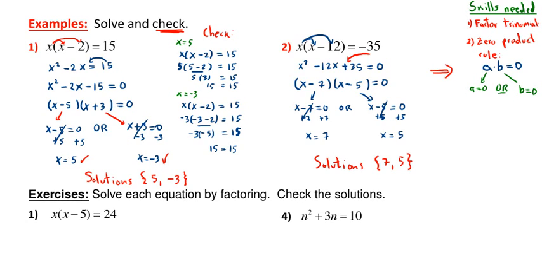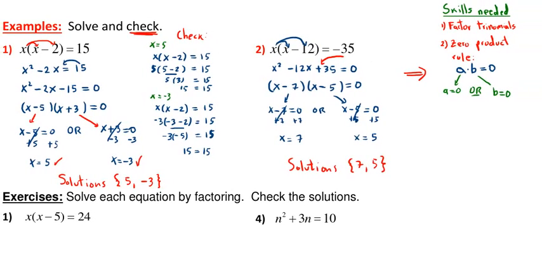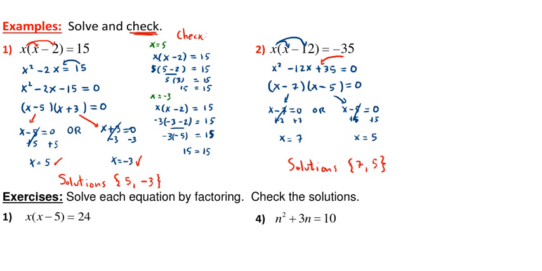I'm not going to do the check here only because I don't have a space. Or maybe I should erase what I have over here. That's what I'm going to do. I'm going to erase what I have here, and I'm going to do the check. So the check has to be again with both solutions.